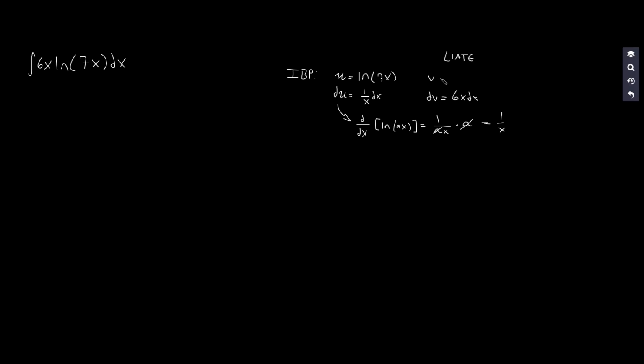For the integral of 6 times x, we factor out that 6. Can we do it in our head? I think it's going to be 3x squared. Let me show it. It's a power rule situation.